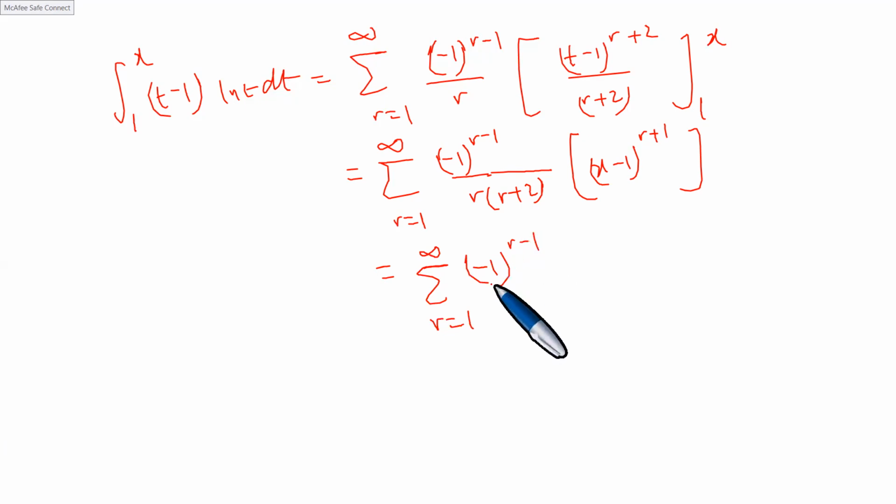I hope this is correct. I hope the formula that we copied for the log does not even have the factorial. Okay, let's see the scanned images. I'll just comment on that. So 2 here, 2 there. So we have here (x minus 1) to the power r plus 1.